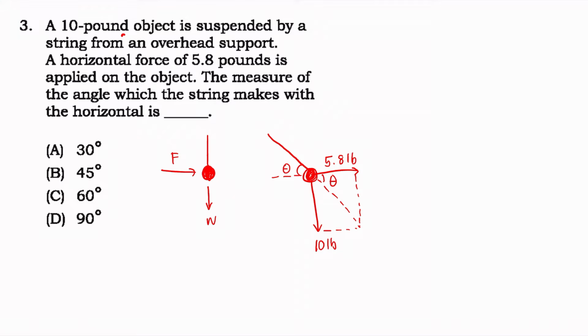So, for this problem, since opposite over adjacent, gagamitin natin yung TOA. So, tangent is equal to opposite over adjacent. So, for this problem, tangent theta is equal to opposite, at yun yung 10 pound over 5.8.